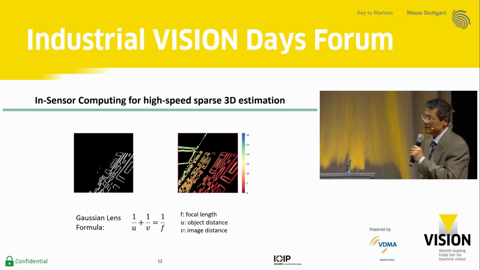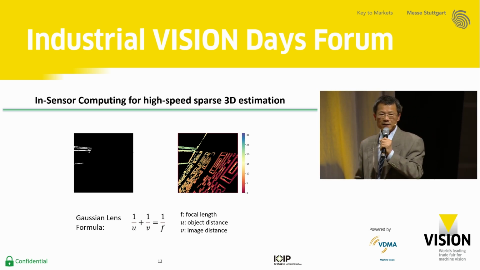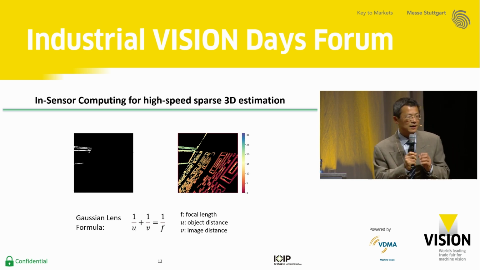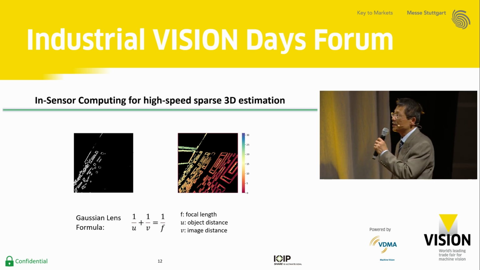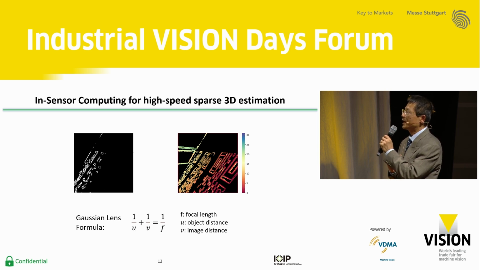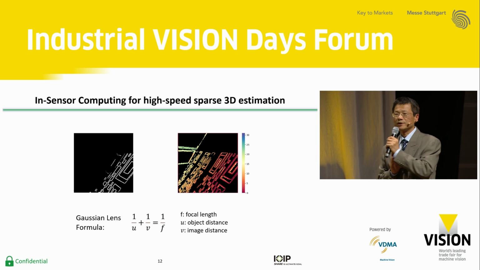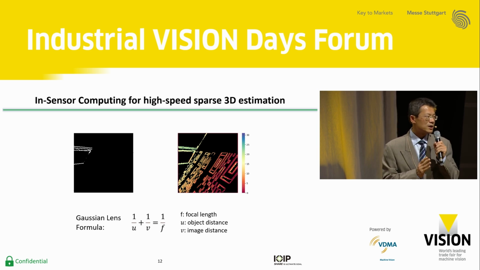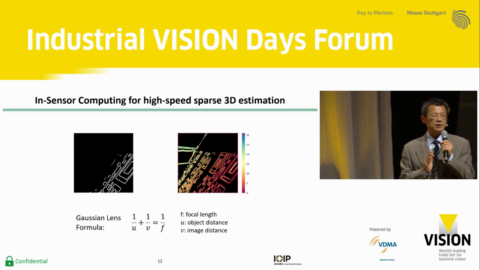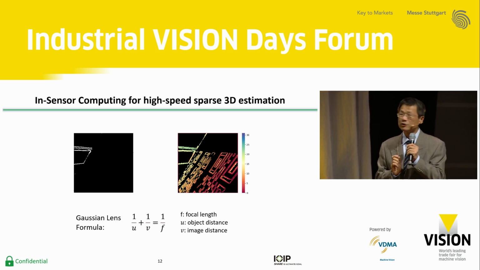Here is a very different, or we say a very exciting, application. Using this technology, we can know the focal length, and we can know the image distance, because we can use the pixel level computing immediately, so we know the image distance.